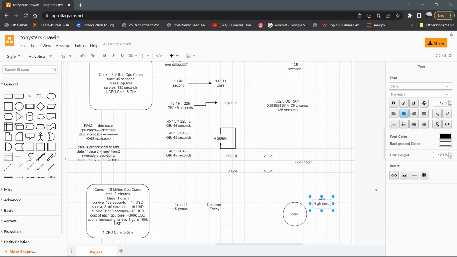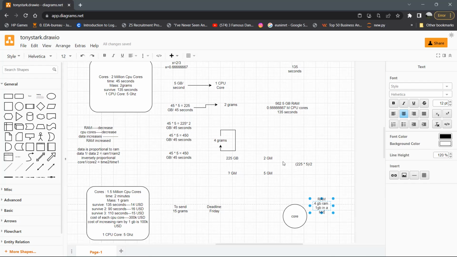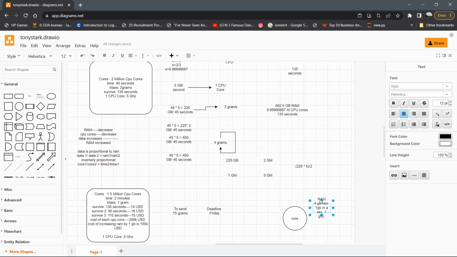Now a CPU also contains what you call clock speed. Clock speed is nothing but how much information it is able to process in a second. If it is able to process 1 GB in a second, then that is 1 gigahertz. You might have seen several processors, like i7, i5, i9.